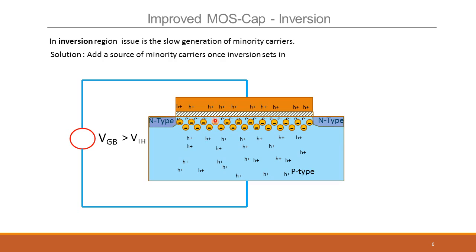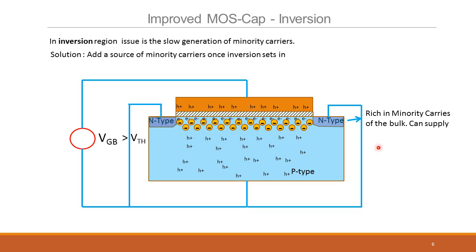Now we have a very good capacitor, because if the VGB changes fast enough, you still can get free electrons from here, or you can return them back here. So this is rich in minority carriers and can supply the charges. So the capacitor now is not only across this, but you take these two and connect them to the bulk.